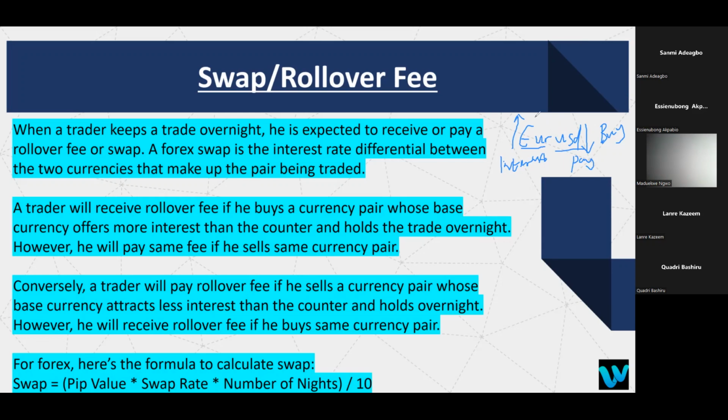Now, if the interest rate in the Eurozone is, let's say, 0.5%, and the interest rate in the United States is, let's say, 0.75%, you can see the difference now. Here, you will have to pay 0.75, and then you have to be paid this. So the differential is going to be minus 0.25%. But if you had sold, this minus would have been positive.